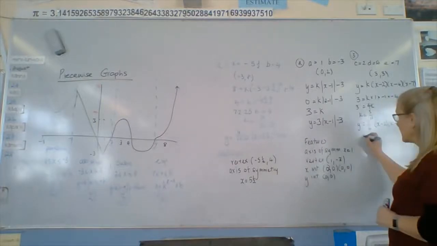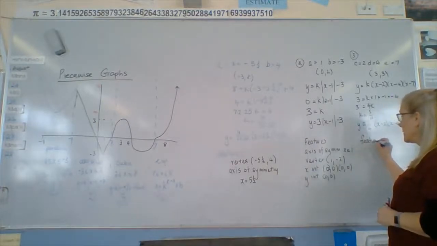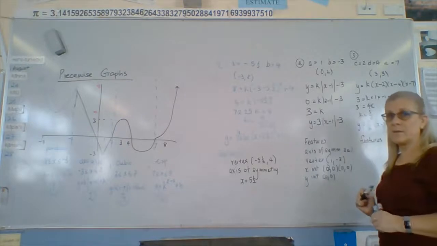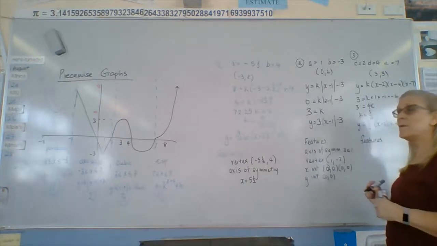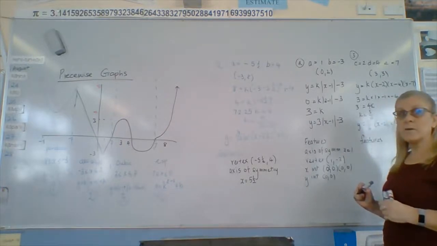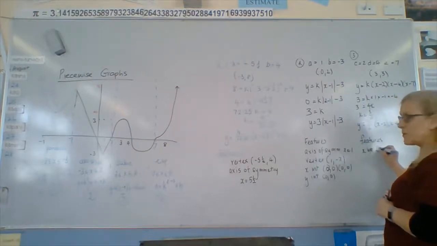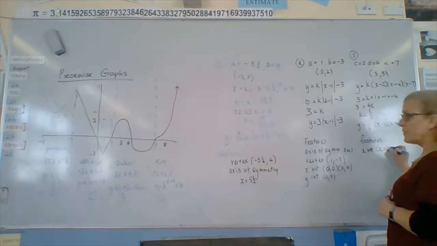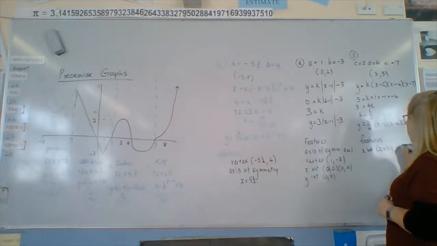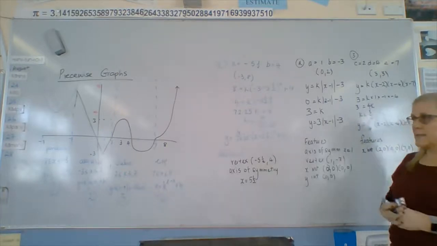Features? X-intercepts are 2, 0, 4, 0, 7, 0. What else?